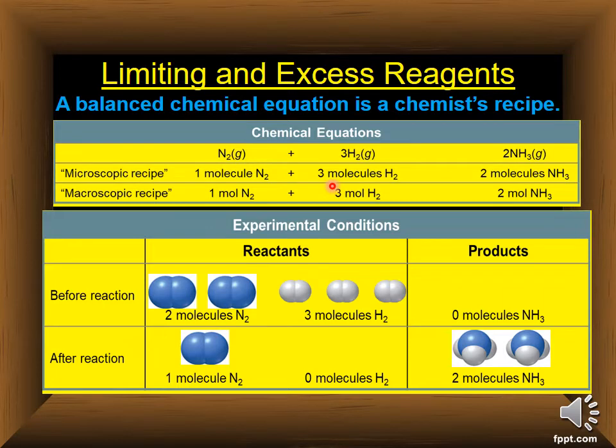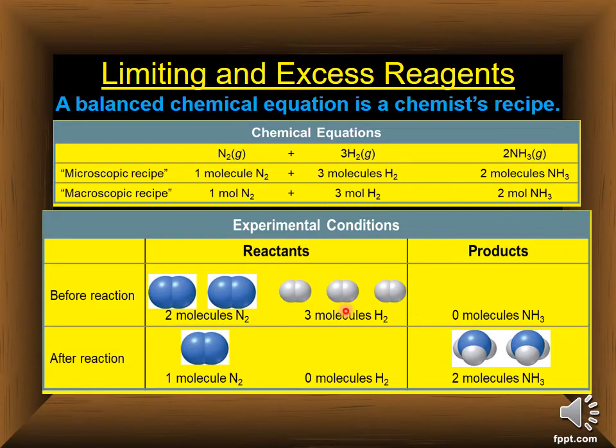Before the reaction, how many molecules of hydrogen do we have? 1, 2, 3. So we can use all 3. And how many nitrogen molecules do we have before the reaction? 2. But we need only 1. So these 3 molecules of hydrogen with 1 molecule of nitrogen give 2 molecules of ammonia. How many hydrogen are left?